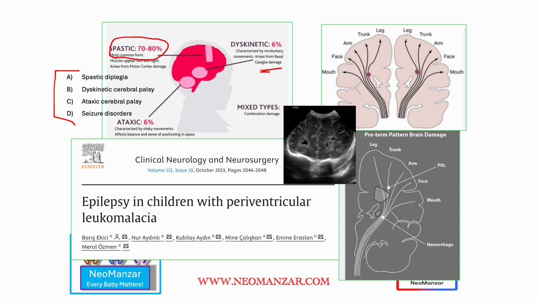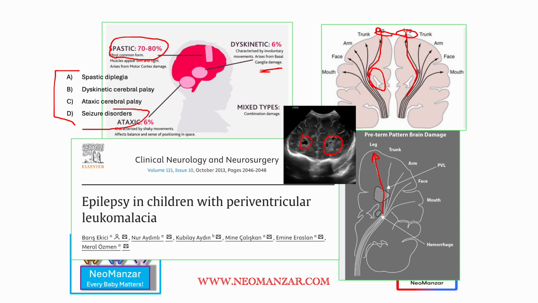Because this lesion was around the periventricle, as depicted in these two cartoons, the fibers that go to the legs are affected. Same here, this is the ventricle, and these are the periventricular fibers that are affected. So both legs, because this is a bilateral lesion, will be spastic, and this patient will have that type of CP.